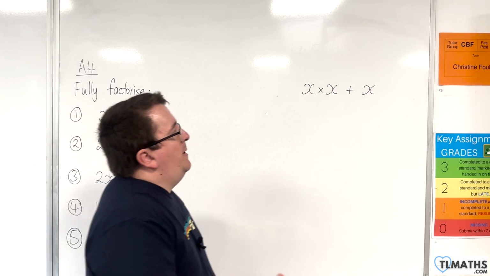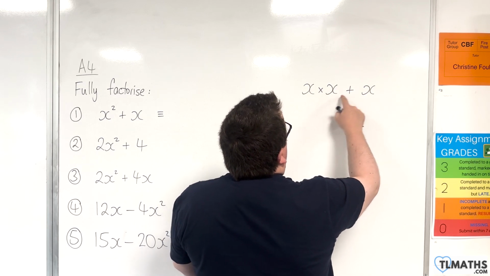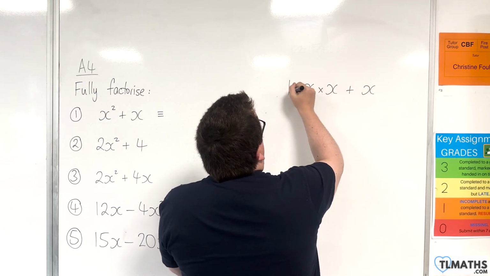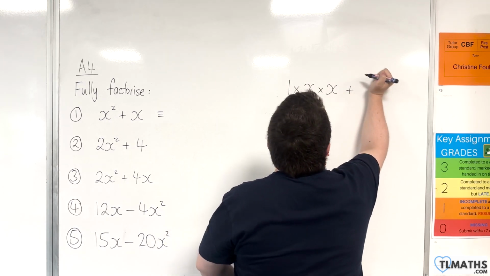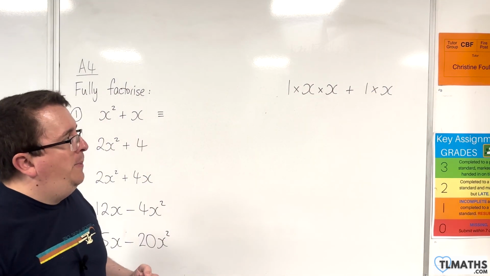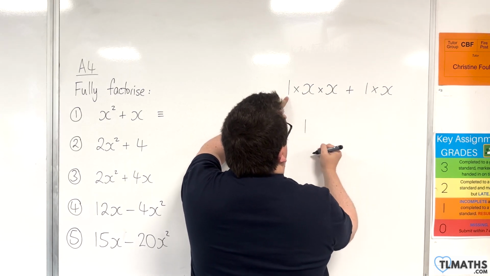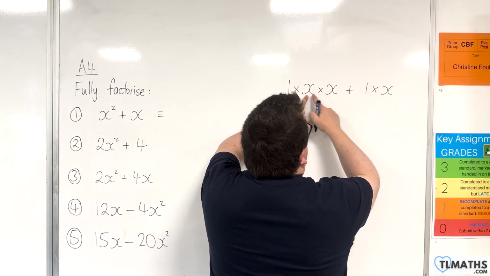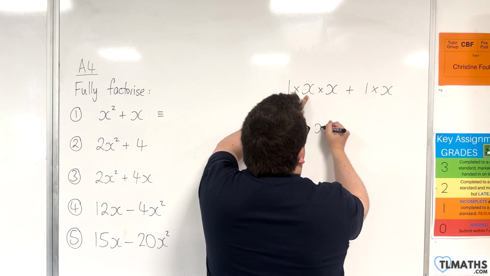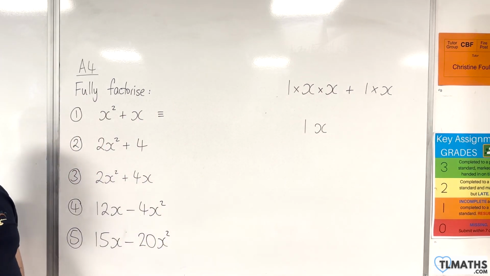So if you're thinking about what are the factors of this term and this term, well, if we write in the ones as well, you're looking at what is common to both. So they both have 1, they both have a factor of x, and that's where the similarities end.